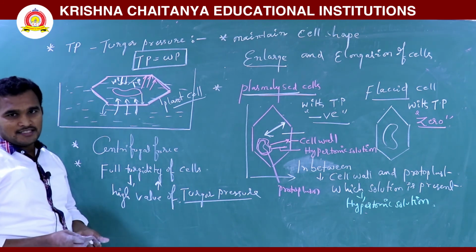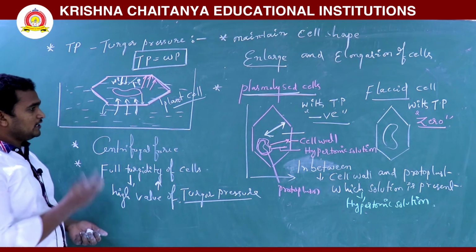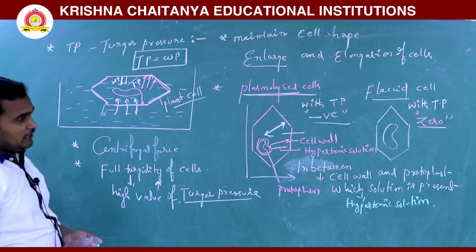That pressure is called turgor pressure. It helps in turgidity.